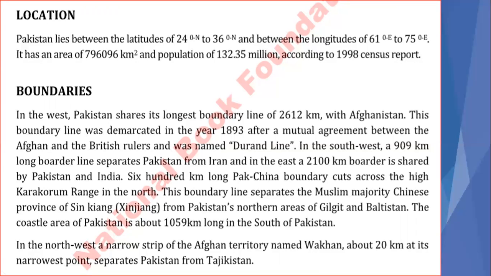This population is according to the 1998 census report, and according to that report, Pakistan's population at that time was 132.35 million. It can be asked in MCQs, area of Pakistan, population of Pakistan, but according to the 1998 census.